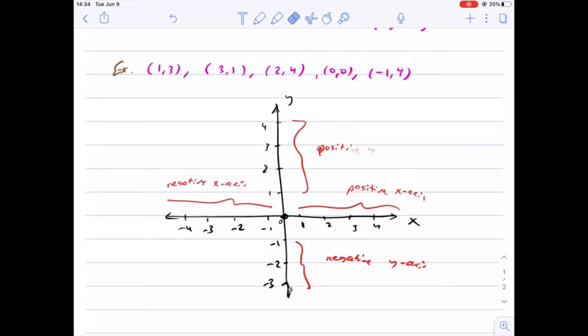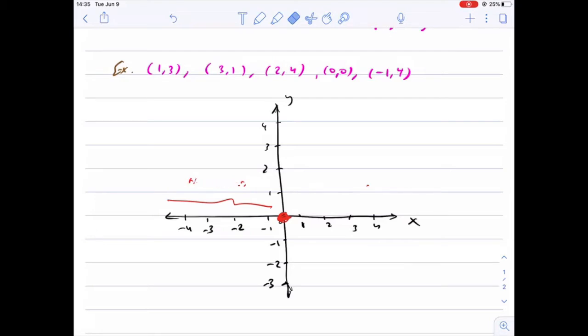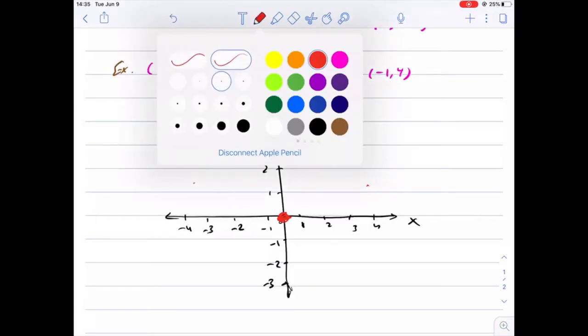And this point here is the origin, which is (0, 0). Keeping this in mind, now we can represent these ordered pairs in the rectangular coordinates.